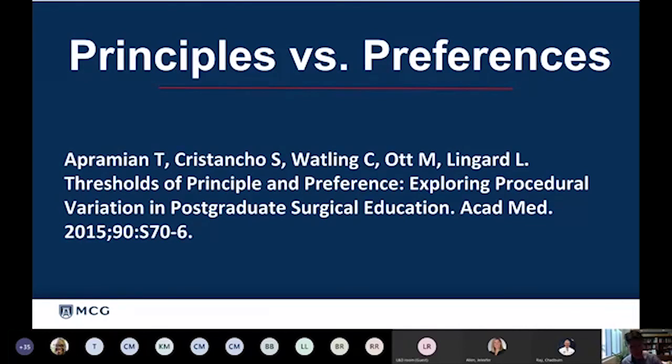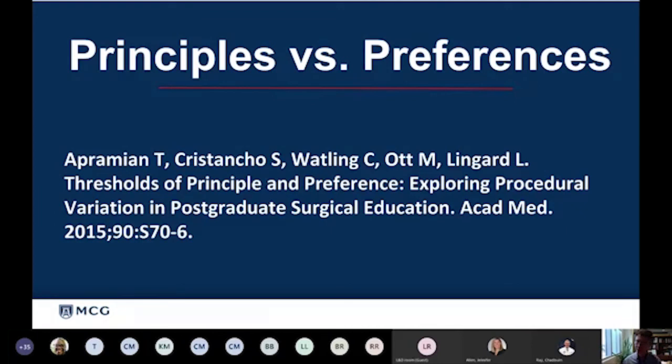The other thing this article talks about is every attending has a threshold for their willingness to be challenged or asked, can I do it this way? So somebody may want to approach a technique from a different angle, and they need to learn that different attendings in different settings or different points in the procedure would be okay with saying, I'd like to try it this way, or would you mind explaining to me how you made the decision to go in that direction as opposed to this one?